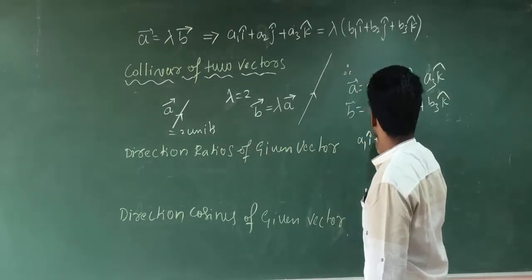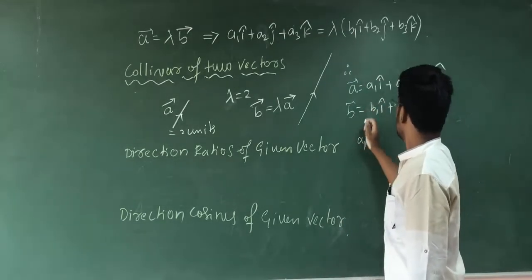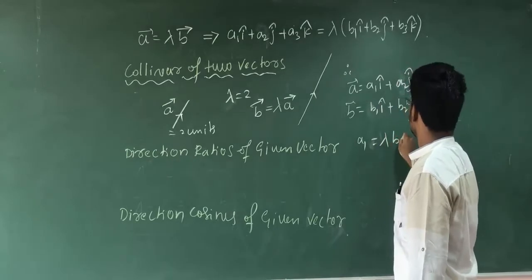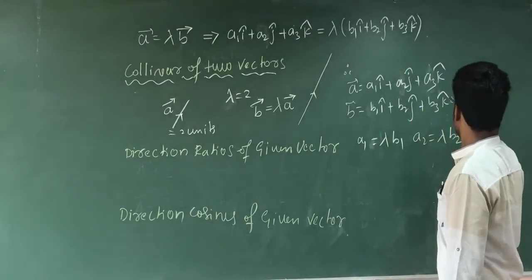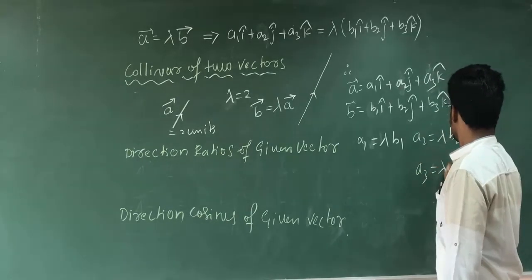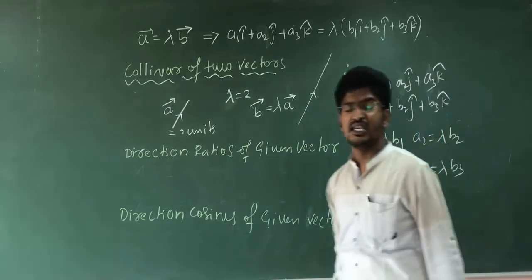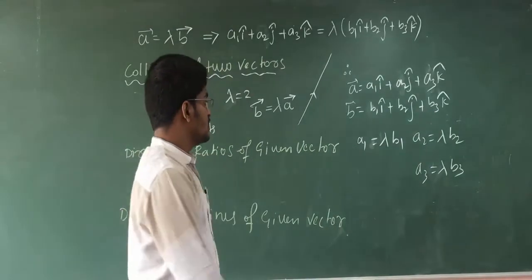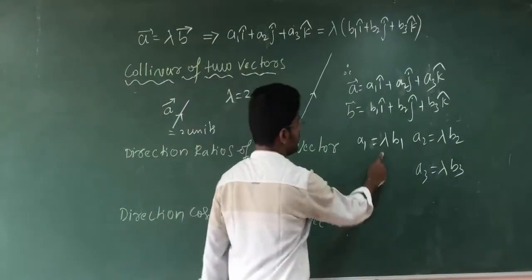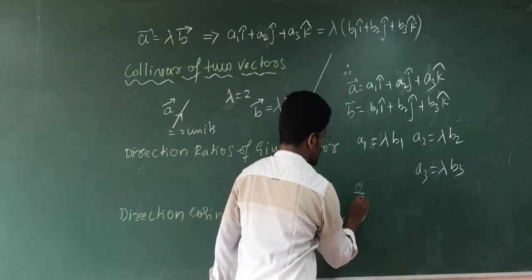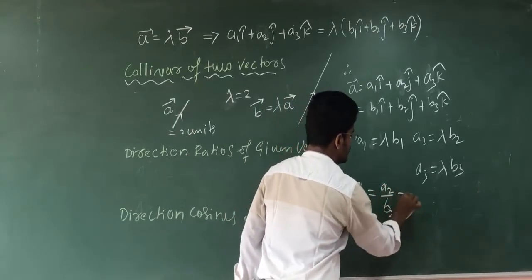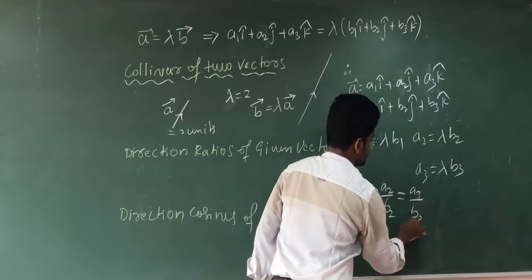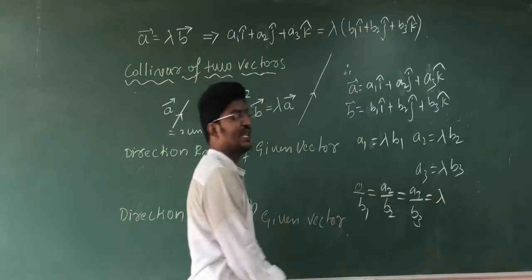A1 is equal to lambda times of B1, A2 is equal to lambda times of B2, A3 is equal to lambda times of B3. Next, lambda will be equal to A1 by B1, that is equal to A2 by B2, that is equal to A3 by B3. So this is nothing but equal to lambda.